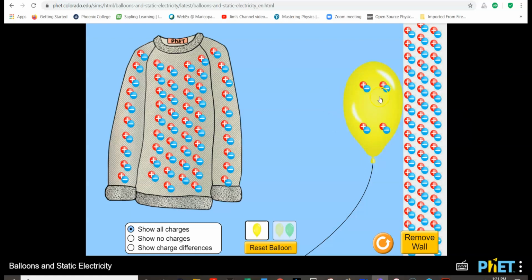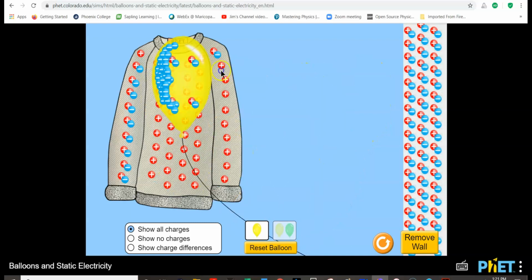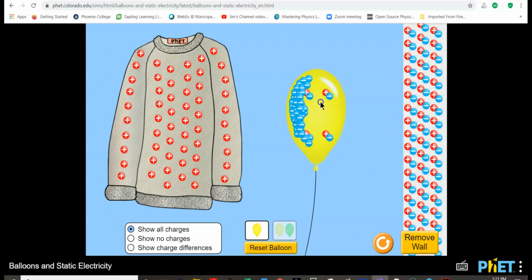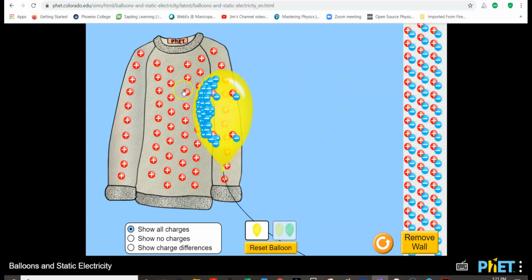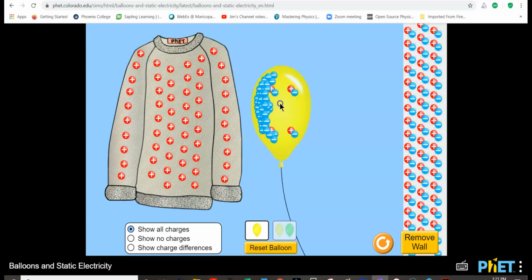When you charge an object, you're gathering or giving up electrons, right? So when I take this neutral balloon, I'm gathering up negatives on this balloon. I've charged this balloon as negative. But the interesting thing is, this wool shirt has also been charged. And really, that's a weird term to say because it has actually lost electrons.